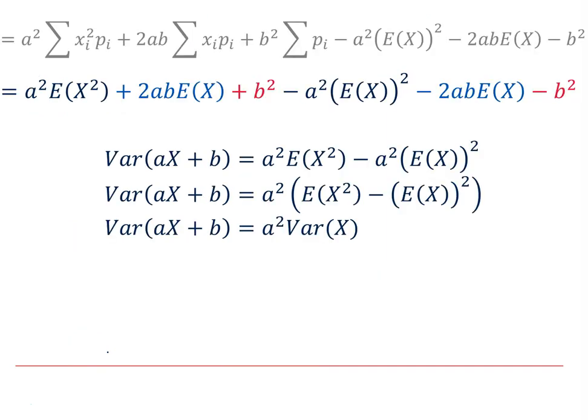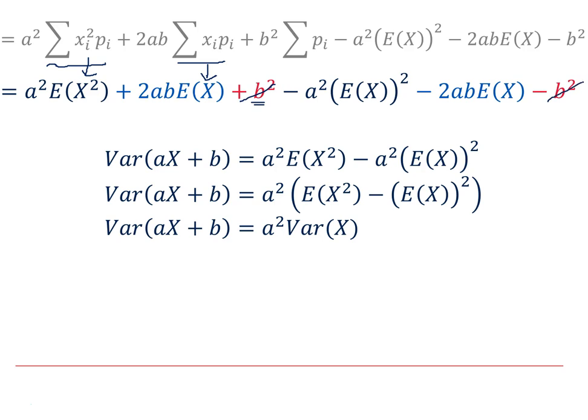So simplifying, the first term is a squared E of x squared. Then we have 2ab E of x. b squared multiplied by sigma pi is simply b squared. And then all of the terms we looked at before are negative.